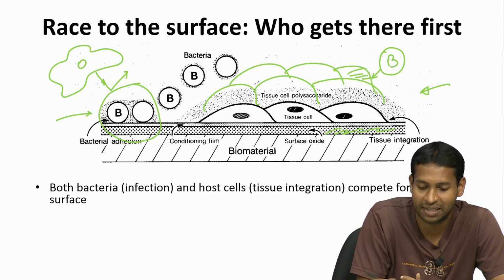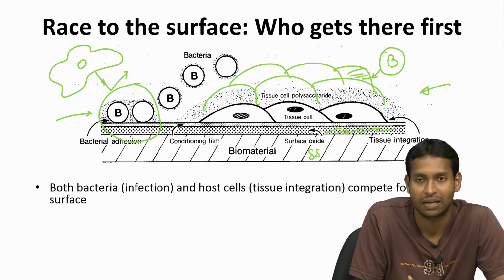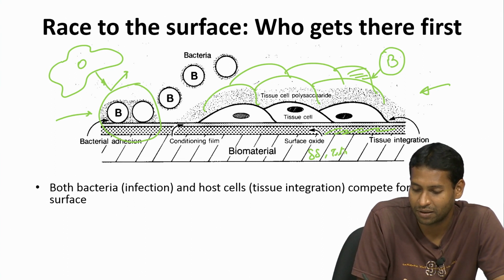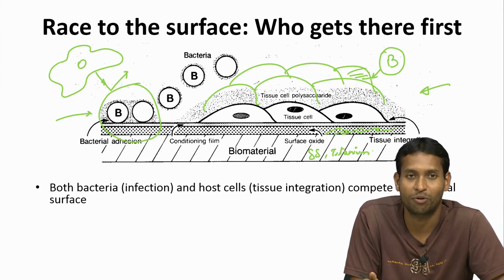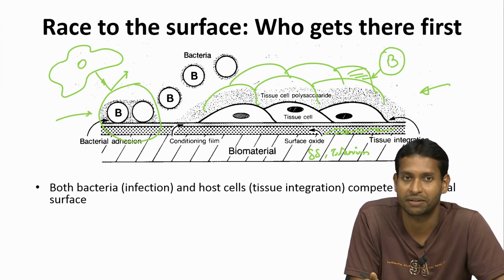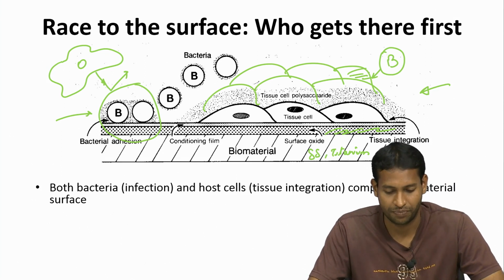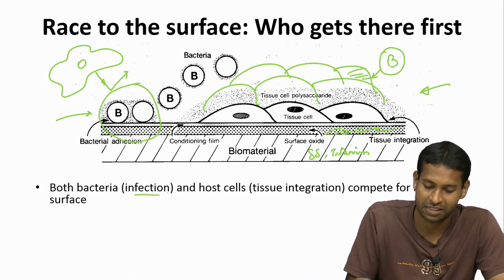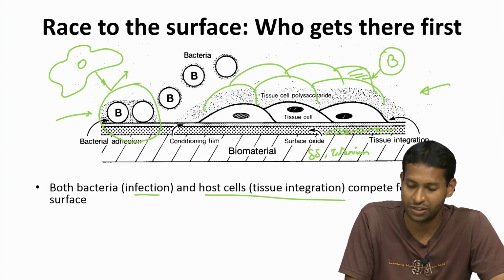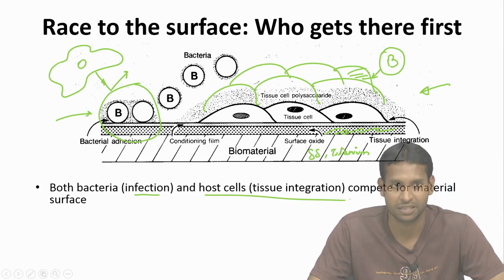If this is a stainless steel rod or a titanium implant, the body cannot degrade it. At that point the body is really helpless against such bacteria. So, as I said, both the bacteria, the infection-causing agent, and the host cell, which is for tissue integration, compete for this material surface.